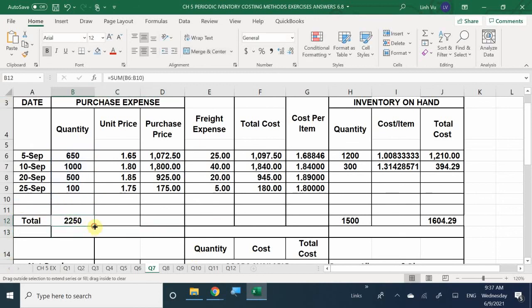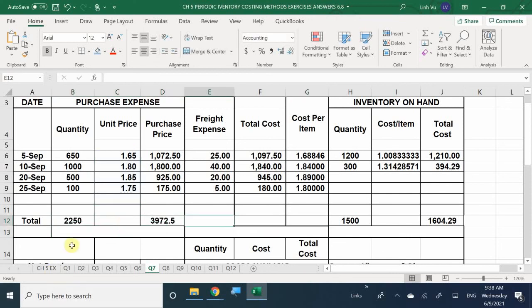And at what total purchase price? I got $3,972.50. Good.